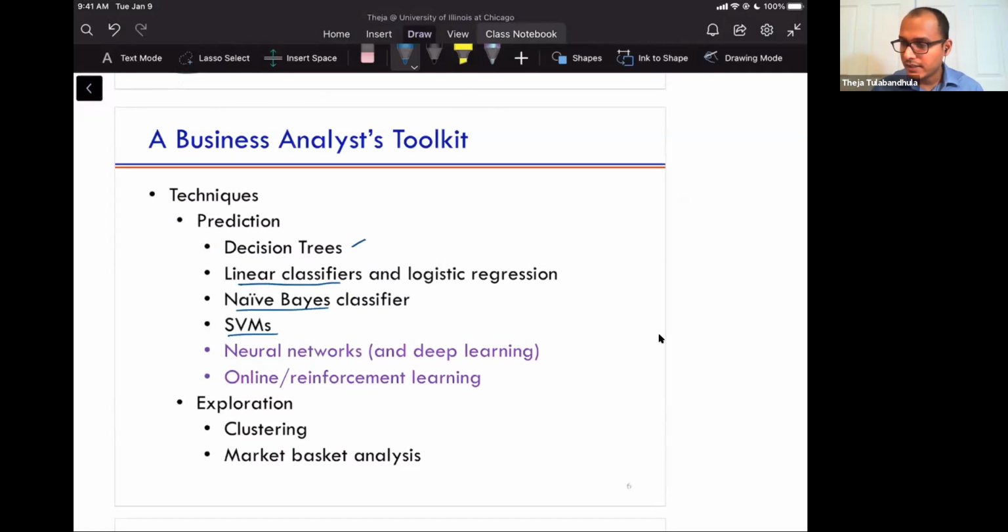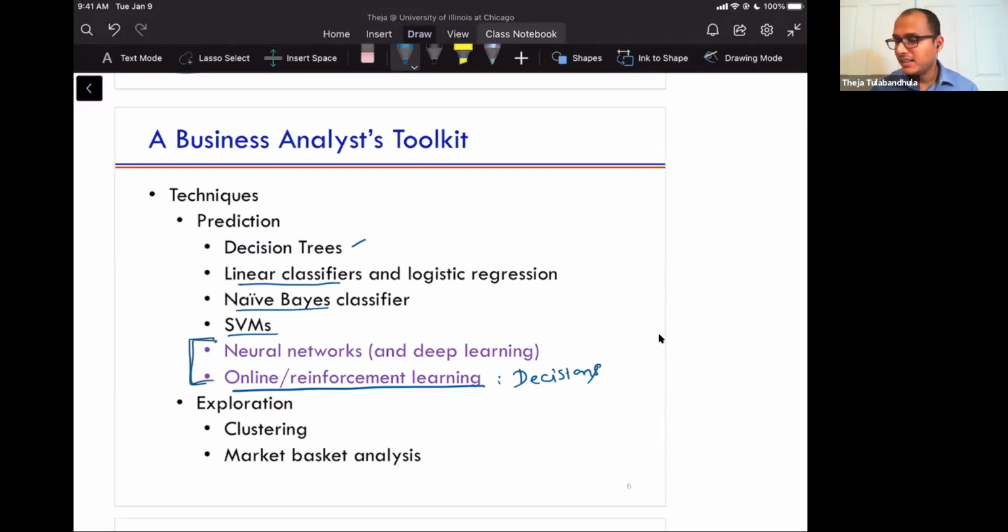And what you'll see in this course is going to be neural networks and online and reinforcement learning. Although here it's actually related to decisions. There will be an underlying prediction or forecasting subroutine or something which does forecasting. Okay. And so those are the two new things that you will add to your toolkit.